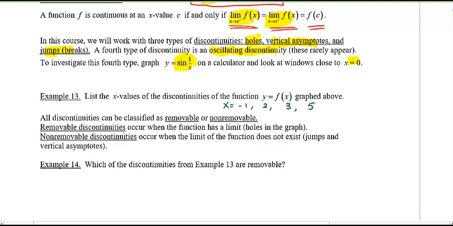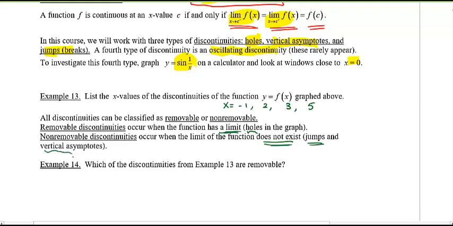Now, we can also classify these discontinuities as removable or non-removable. Removable ones occur when the function has a limit, okay? Really what I'm calling a hole in the graph. Non-removable ones occur when the limit of the function does not exist. And those are the ones where you have a big jump or a vertical asymptote.